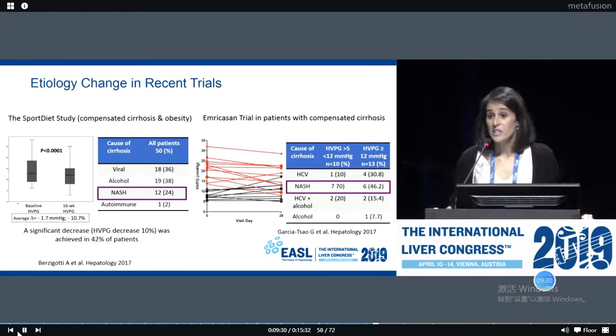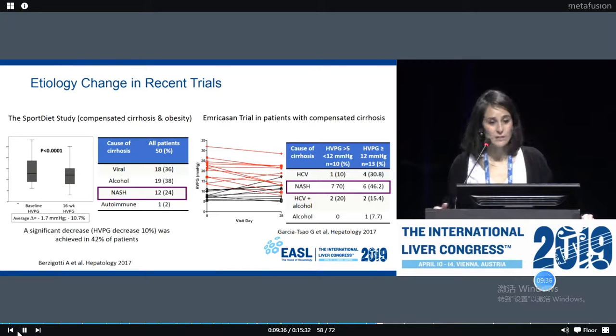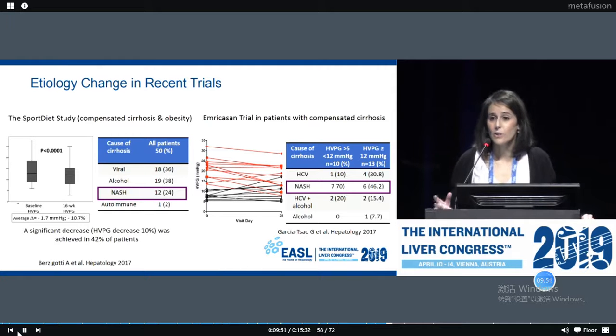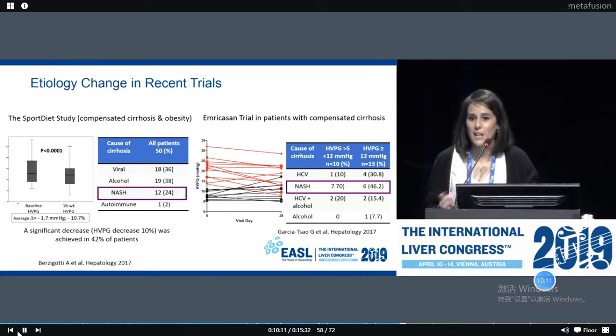We know that the etiology is changing, and in recent trials, just as a couple of examples, the SPORT diet trial was a lifestyle intervention in patients with compensated cirrhosis and obesity. 25% of the sample had NASH cirrhosis, and also the Emricasan trial, assessing the efficacy of a pan-caspase inhibitor in cirrhosis, included mostly patients with NASH cirrhosis. Even if those trials did not analyze these patients separately, at least we can say that they seem to behave in the same way.